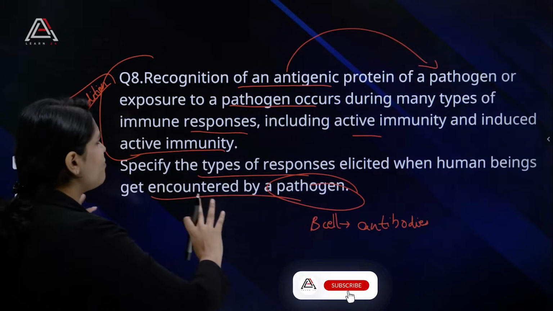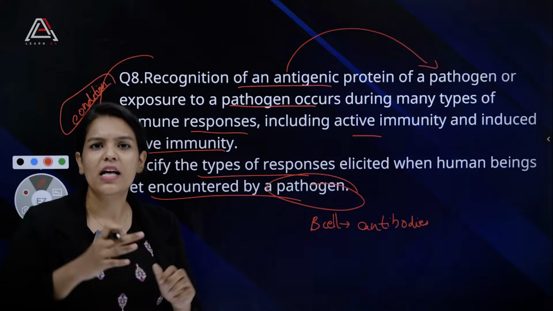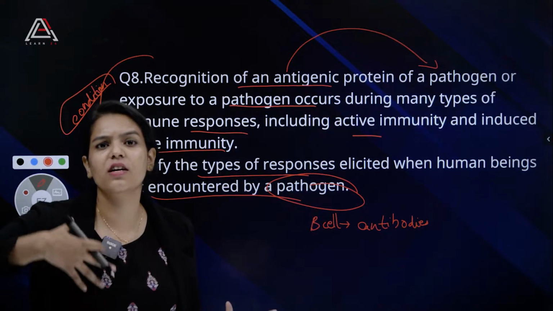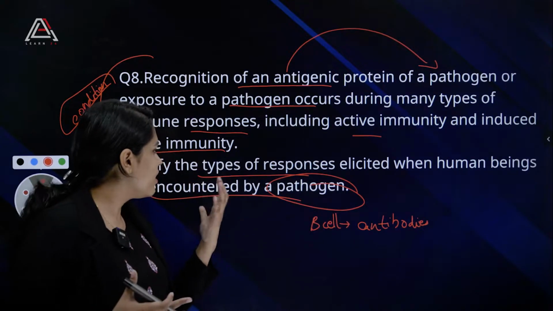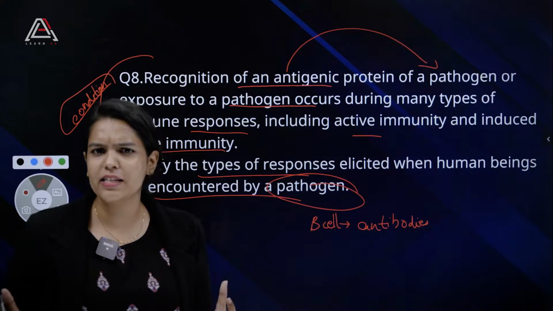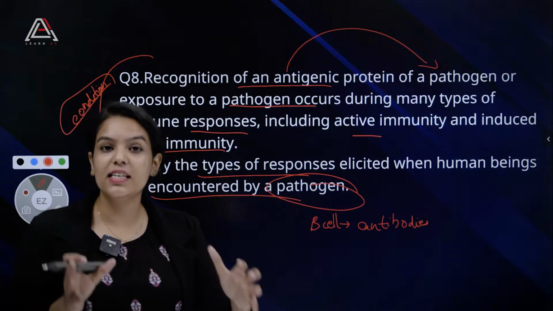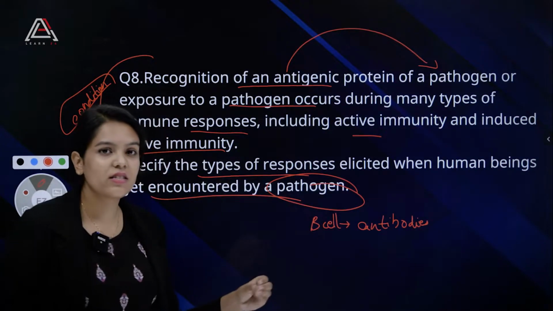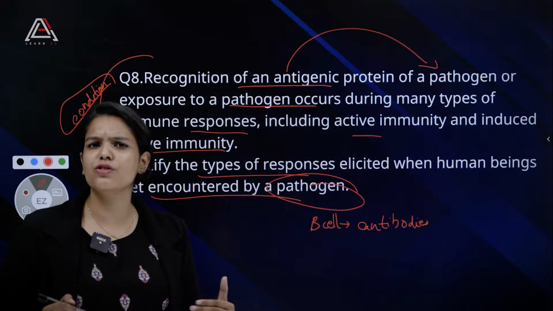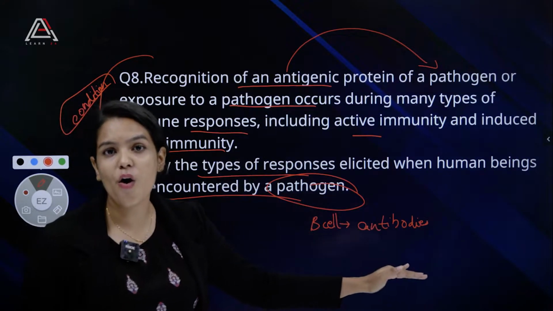Okay, so you have to talk about the first response, that the response will be low. The second response, that is the encounter with the same kind of pathogen, that time the response will be a high grade response, that is of high intensity. Then B cells and T cells are produced because of this high grade response, and then just mention the functions of T cells and B cells, that is, B cell is producing an army of proteins.